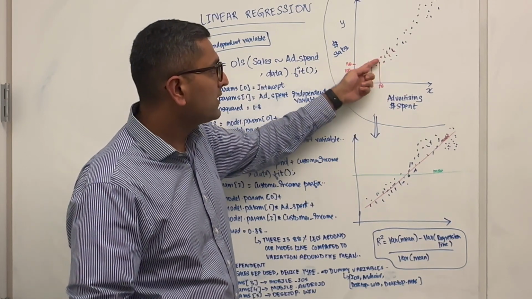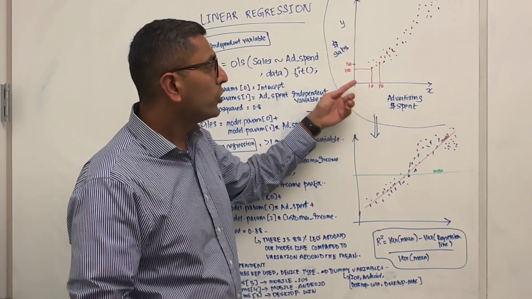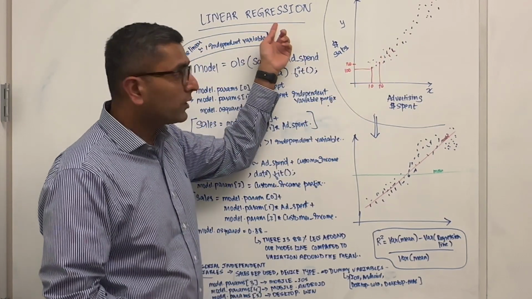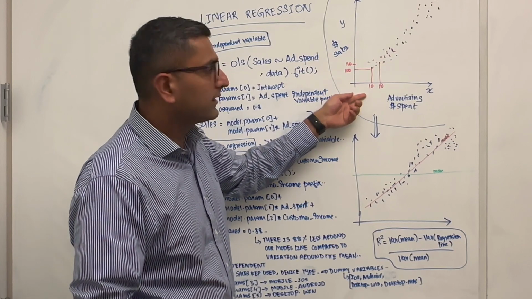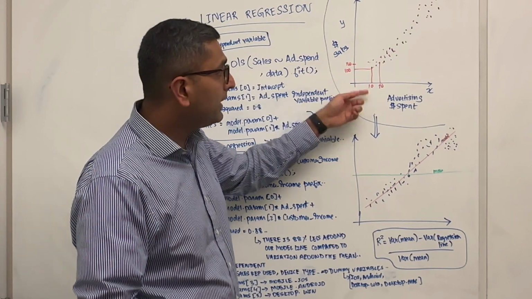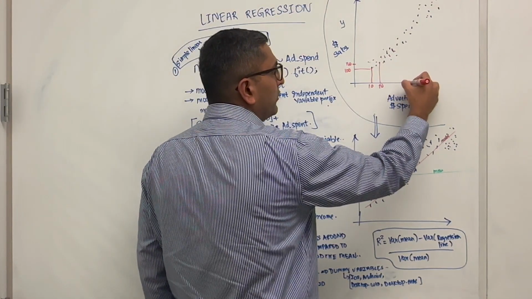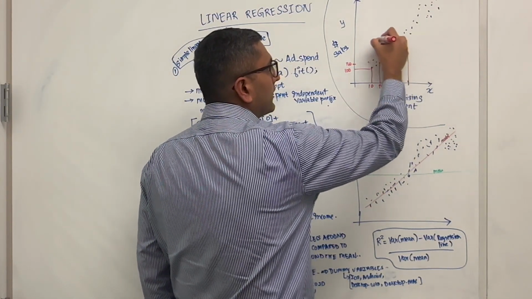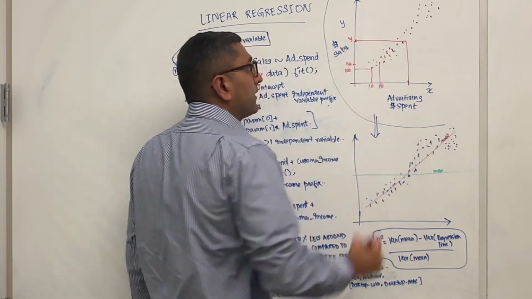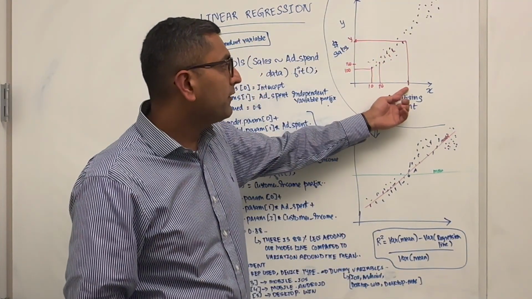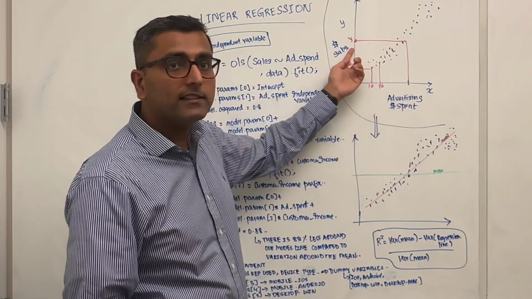So each of these are your data points. And so using linear regression, you can actually predict by building a model saying, hey, given any x value, what will be the y value that I will get? Meaning for any advertising dollars, if I can get the sales, I can do that.